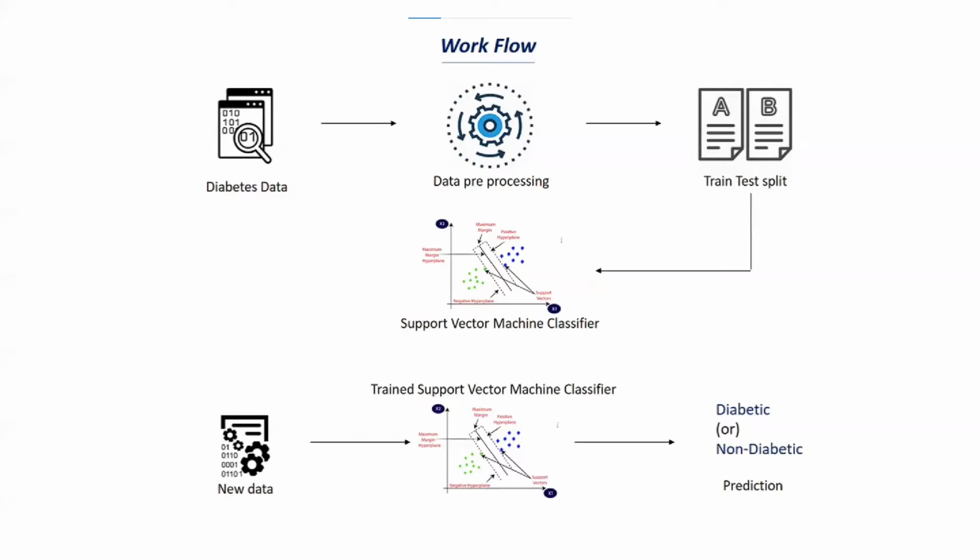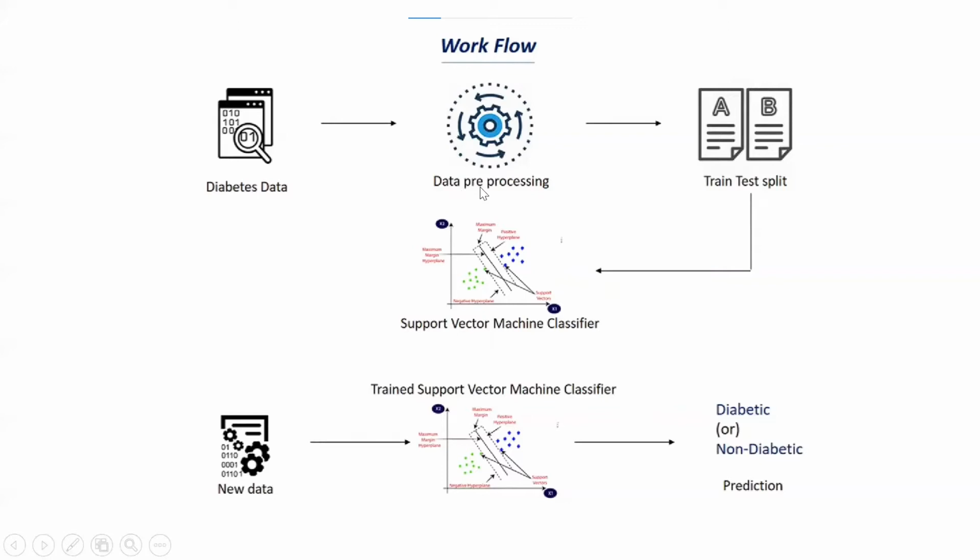So we need to standardize the data because there are a lot of attributes here, a lot of medical information. We want all this data to be in the same range. So we try to standardize all this data so that it lies in the same range. All these things will be done in the data pre-processing step.